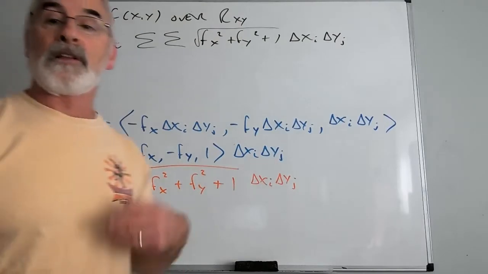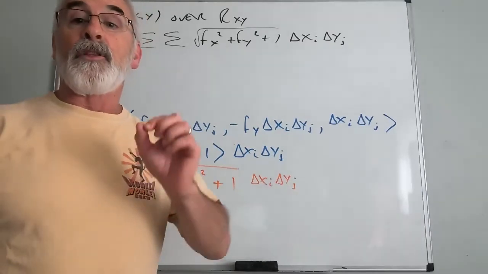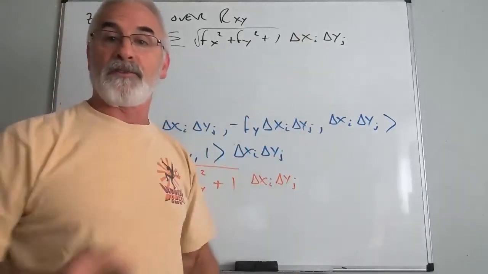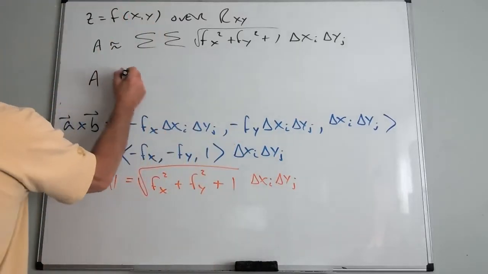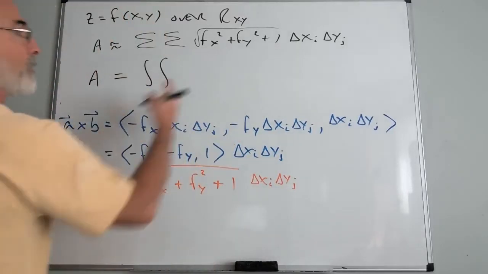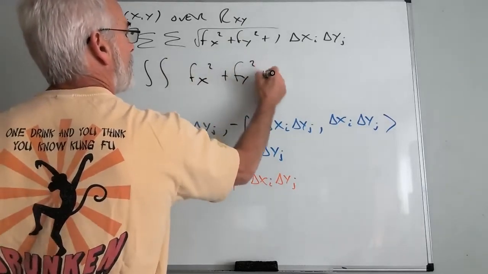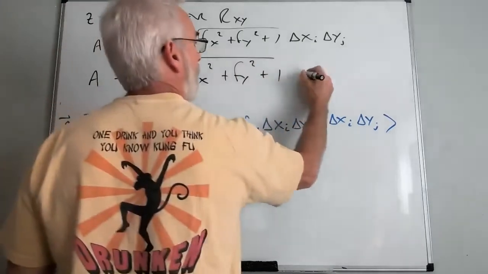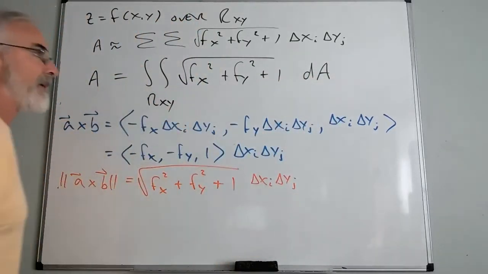If I take the limit as the norm of the partition approaches 0, what's the norm of the partition? The largest such product of delta x and delta y. Then I eventually get the area equals, therefore, the double integral of this, and I'm going to write generically dA over the region in the xy plane.